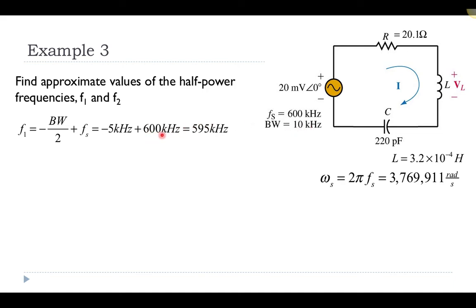The resonance frequency is 600. So the lower frequency is going to be 595. And the upper frequency would be the resonance frequency plus half of the bandwidth, which gives me 605. The difference between those frequencies gives me the bandwidth, which is 10 kilohertz, with the resonance frequency being right in the center.